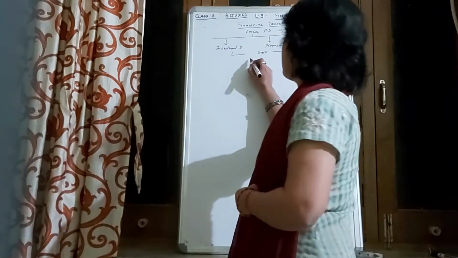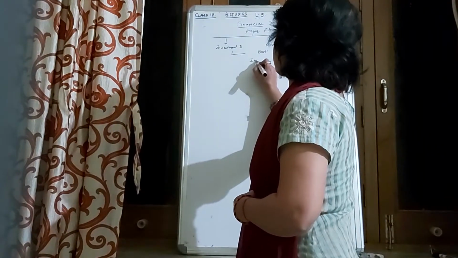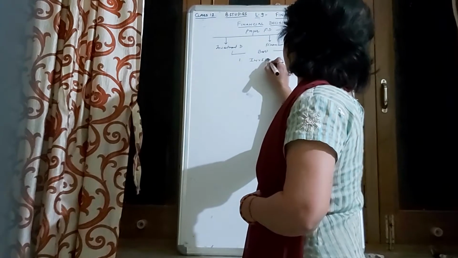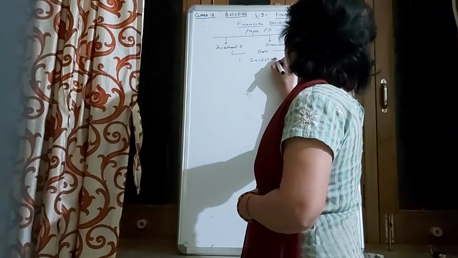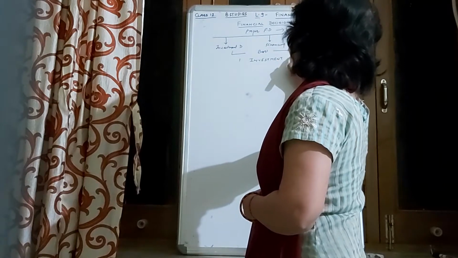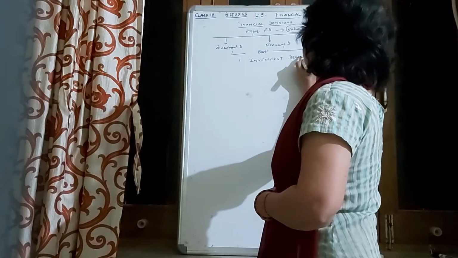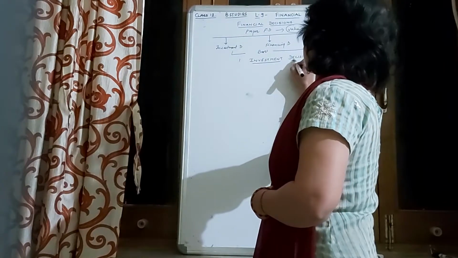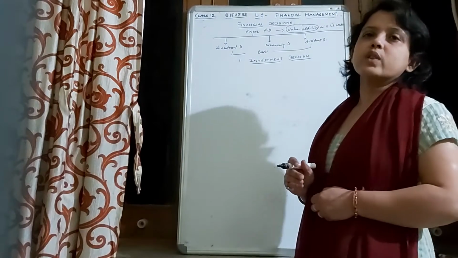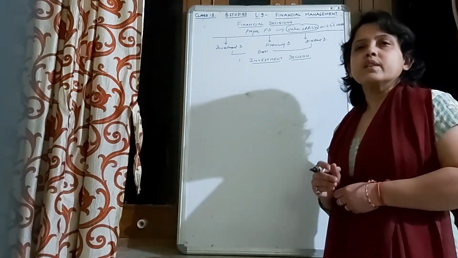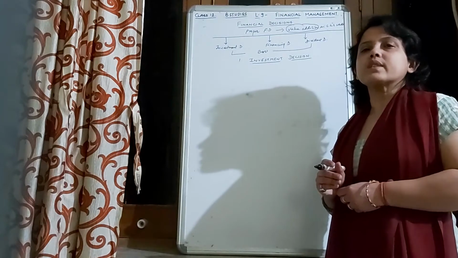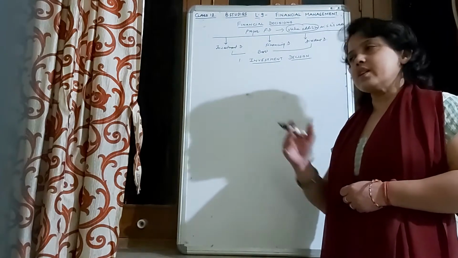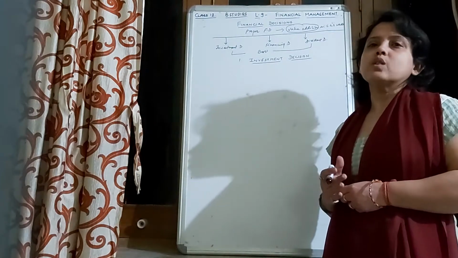So first of all, we will be talking about investment decision, the first decision. We have to understand that in an organization, always it happens that an organization can invest in more than one project.